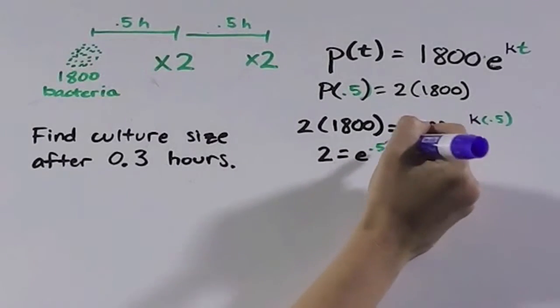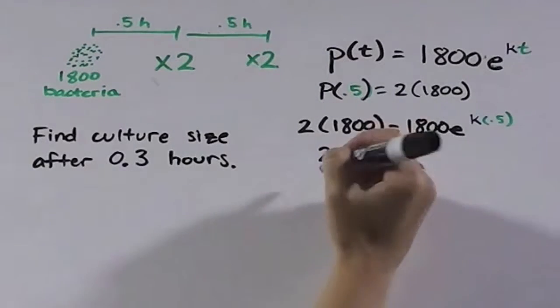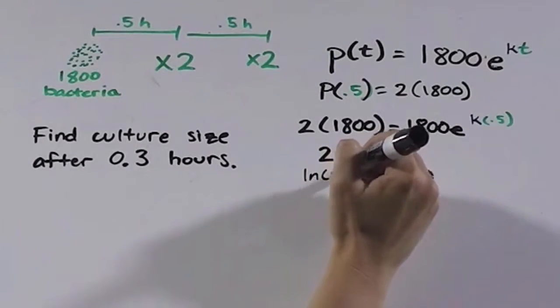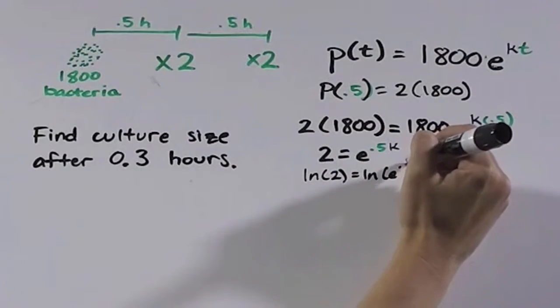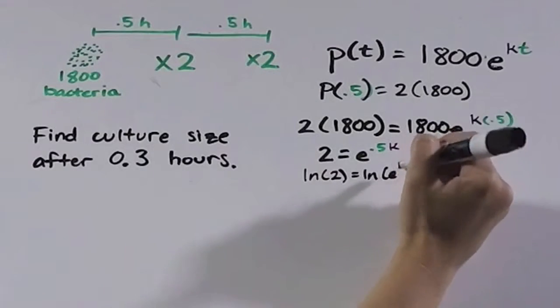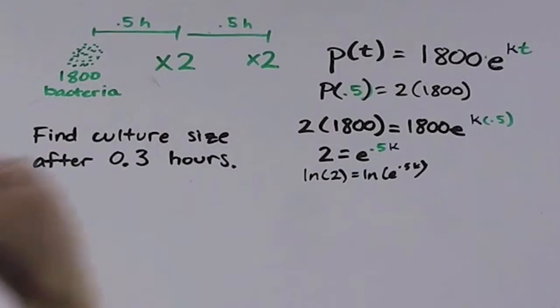And how are we going to isolate this k now? Well, we have to get rid of this e. So we're going to take the natural log of both sides. Natural log of 2 equals natural log of e to the 0.5 k. Because natural log and e are inverse functions, they cancel each other out.